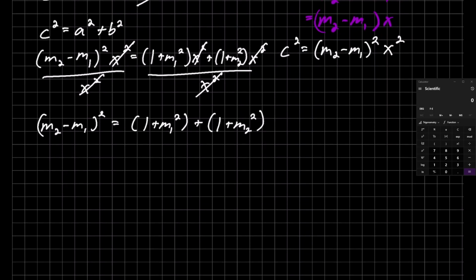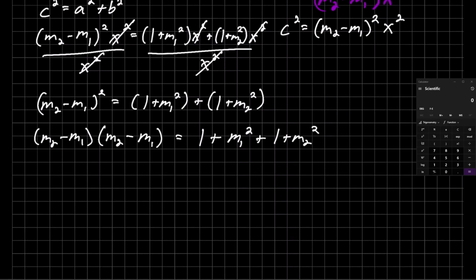Now I'm going to want to expand this out and try to start eliminating terms to see how m1 and m2 are related. So when I do m2 minus m1, it's all squared, then I'm going to have m2 minus m1 multiplied by m2 minus m1. And for the right hand side, I can eliminate the parentheses, so I'll have 1 plus m1 squared plus 1 plus m2 squared. Now on the left hand side, I'm doing first, then outer, then inner, then last.